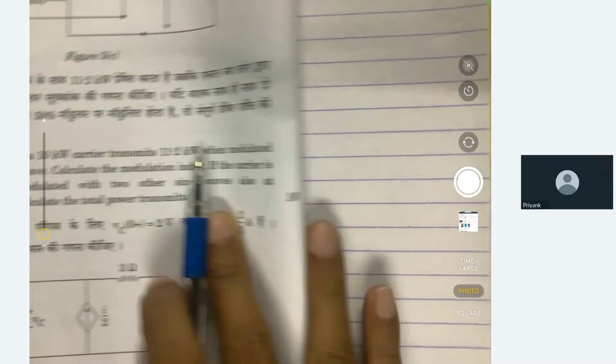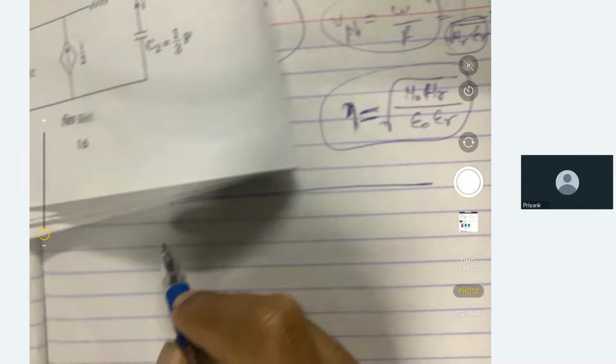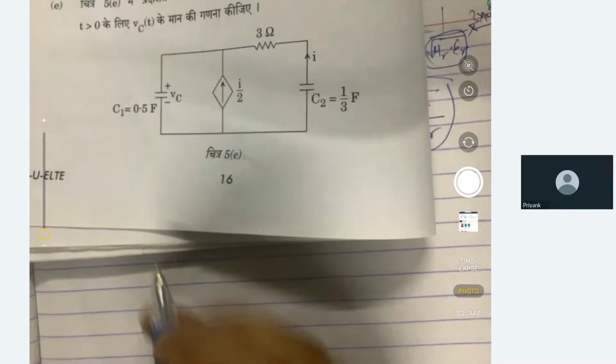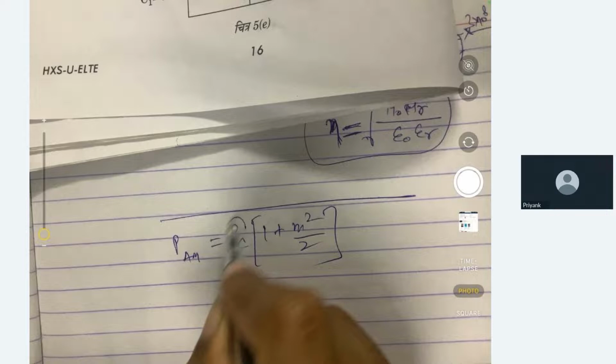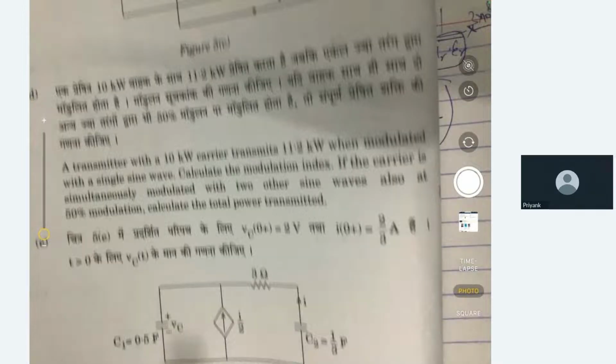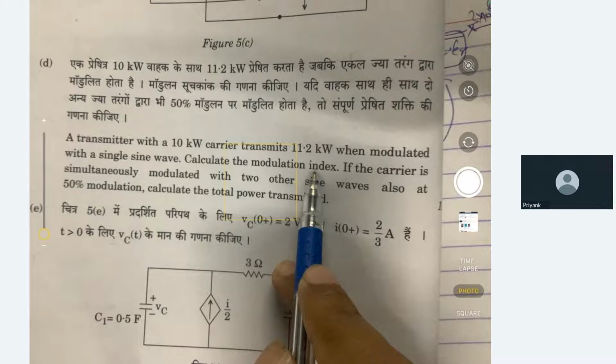We know the formula for AM: the total AM power is equal to PC into 1 plus M square by 2. Here PC is the carrier power and M is the modulation index. The carrier power is given, the total power is given, and they are asking for the modulation index. So this is a very easy formula-based question.